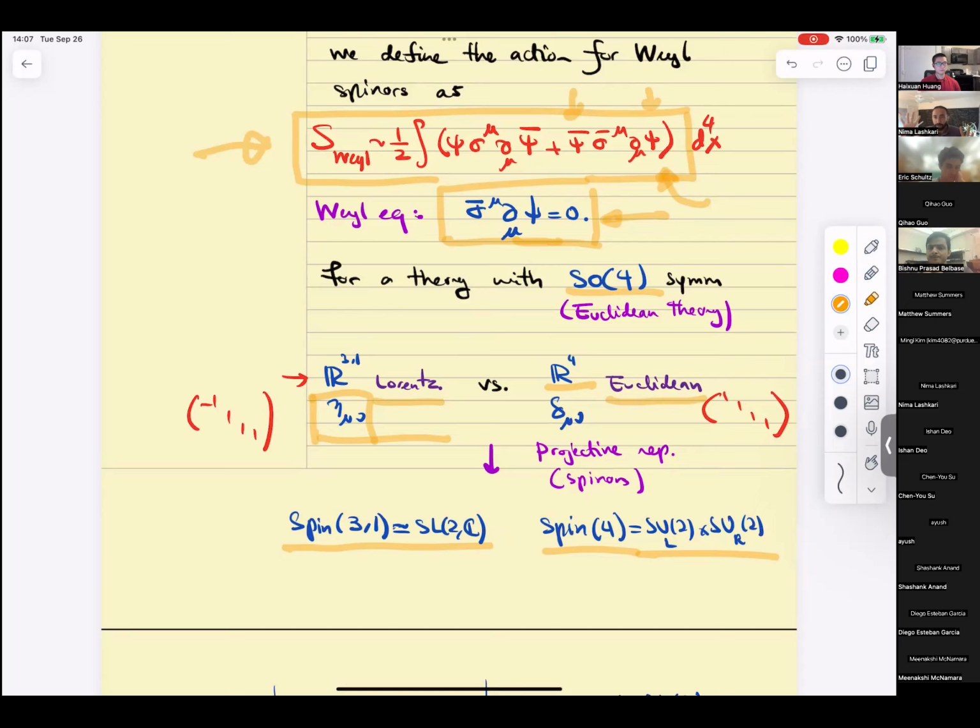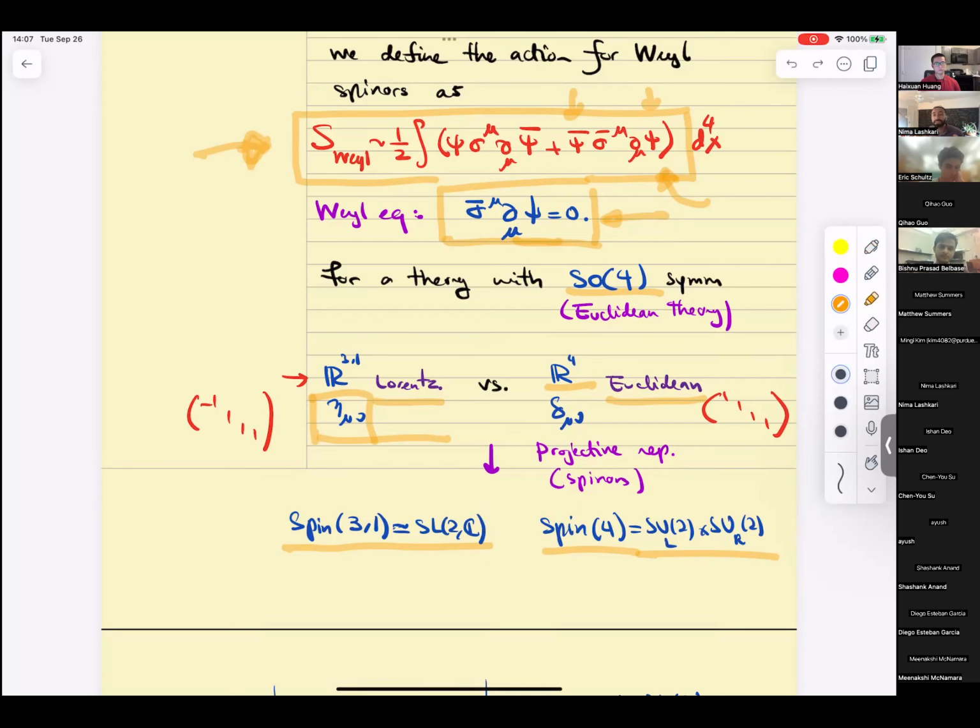All right, let's pause here. What happened? I wrote down this action based on just the SU2 cross SU2 representation, right? Locally, that representation theory is the thing that I care about, but my group globally is different, right? So what I should be working with is SL2C.